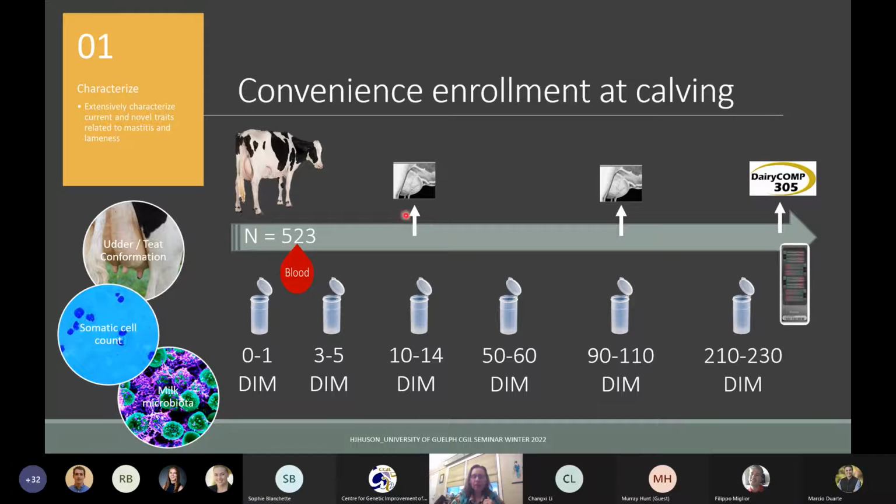At 2 different time points, at the 2-week time point and then at 90 to 110 days, we collected conformational scores on the udder and teats, looking early on, but then also double checking whether there was any change later on. And lastly, we brought in data from DairyComp from the farm records, as well as our genomic data, plus all the data our researchers collected through this, like the conformation scores.